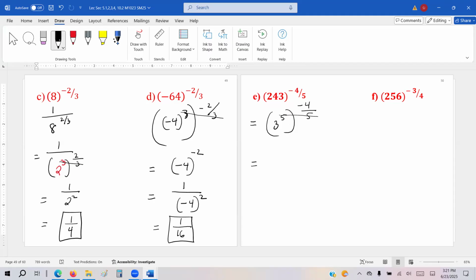The 5 cancels out. 3 to the -4. And now we don't like the negative power. 3 to the +4, and that's how it becomes 1/81. You got it.